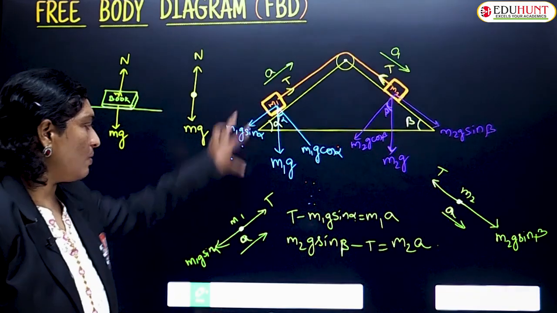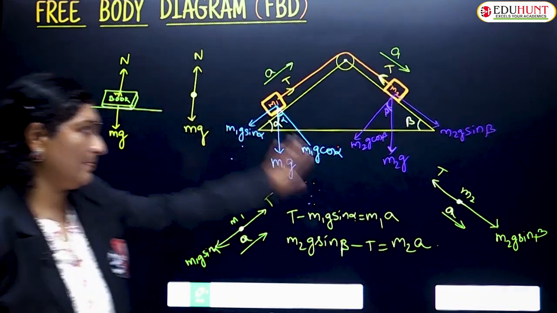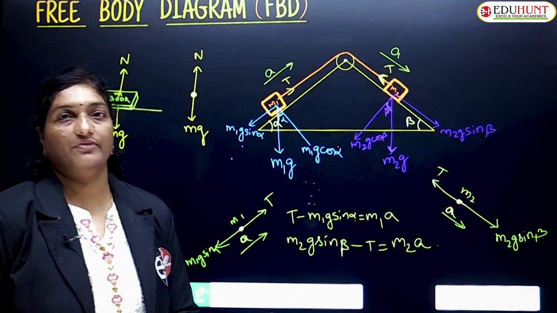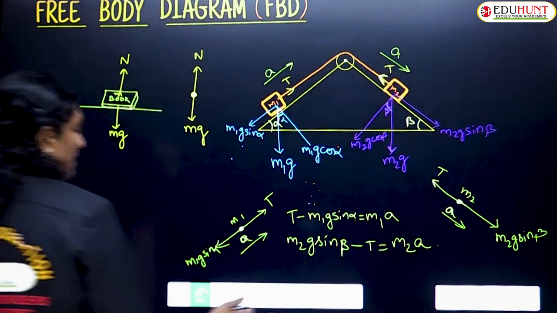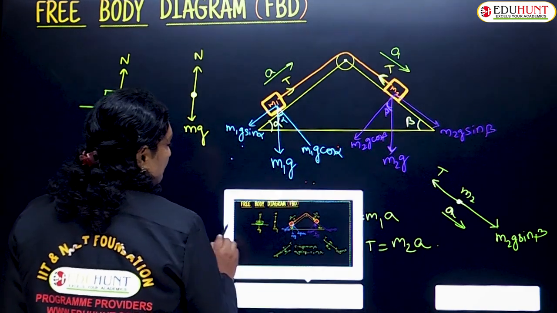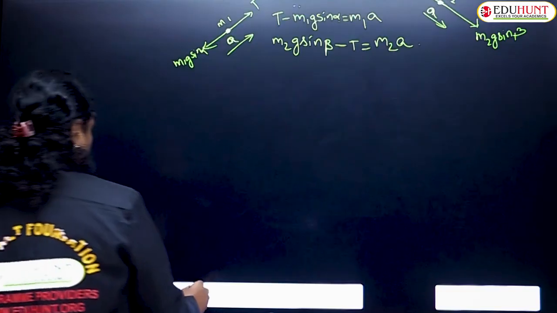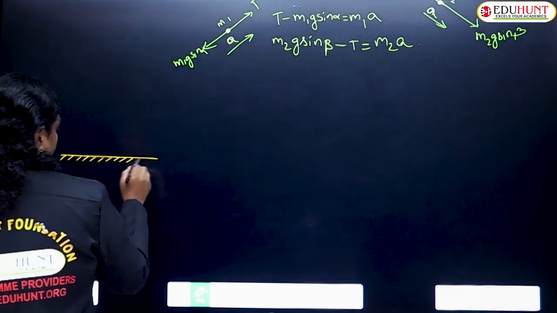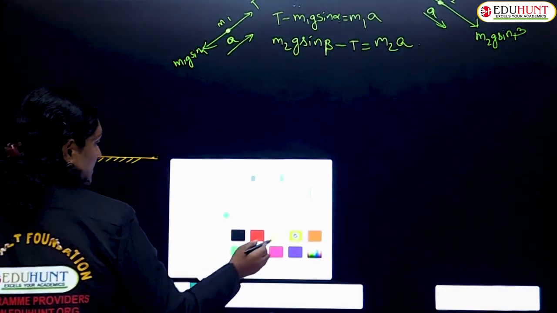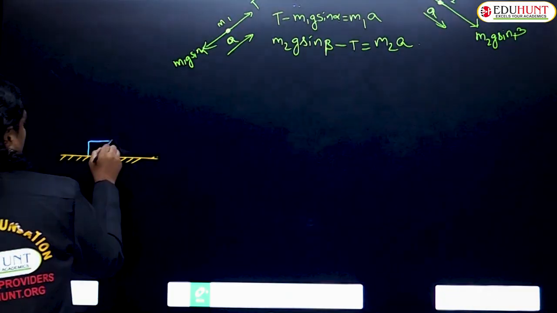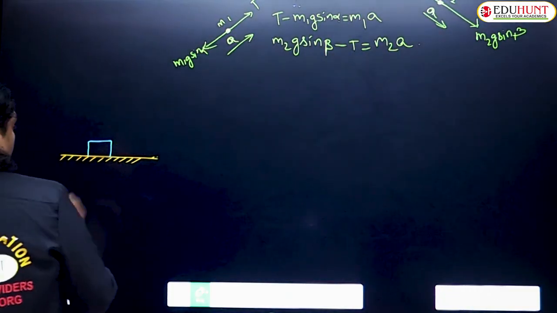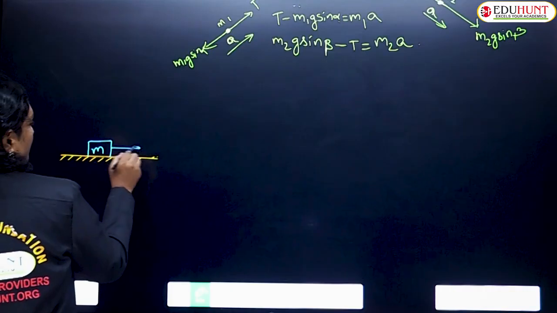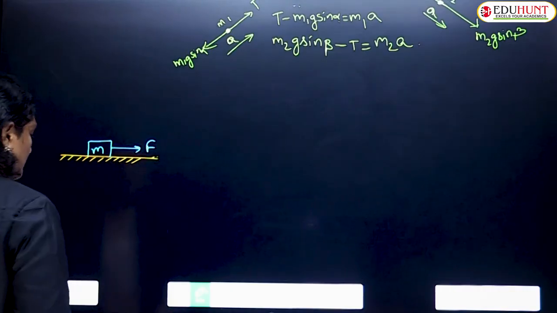So this is how free body diagrams are represented for the given figure. Okay, children, let us consider a few more simple examples based on that. Example 1: on a horizontal frictionless surface, let us consider a body of mass m, and some force F is applied on it.